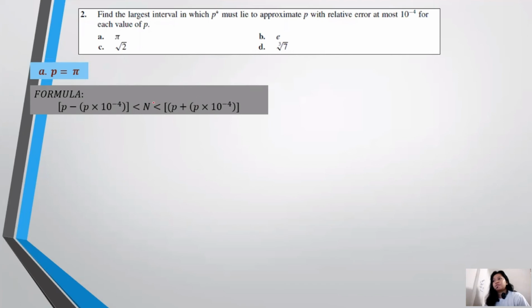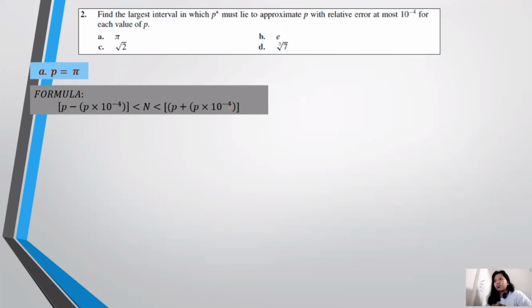So that is the formula of our largest interval. On the left side, we just subtract from P the P multiplied by 10 to the power of negative 4, and on the right side, we get the sum of P and P times 10 to the power of negative 4.